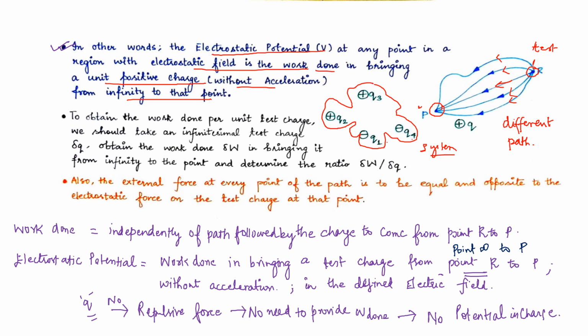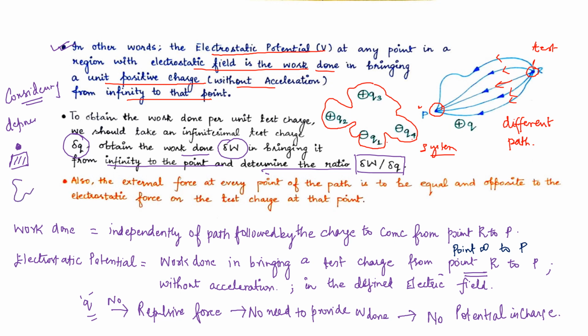To obtain the work done per unit test charge, we should take an infinitesimally small test charge, that is delta Q, obtain the work done delta W in bringing it from infinity to the point, and determine the ratio delta W by delta Q. We are taking small charges and small work done because we are considering a small system, and we define it over a small area so that it is easy to define, as our system is not uniform.